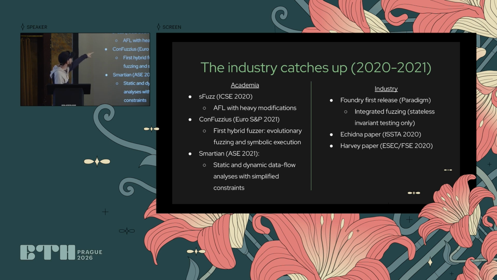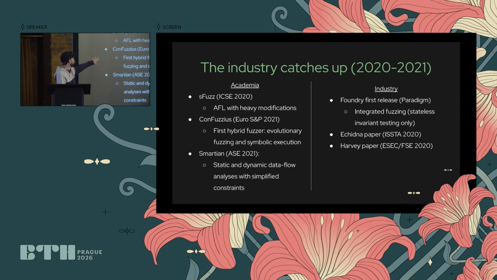And from academia, we have people exploring using AFL for blockchain, in particular EVM smart contracts. But this requires some heavy modifications, because AFL is very focused on execution of normal programs that take binary inputs. And two more interesting examples from academia.